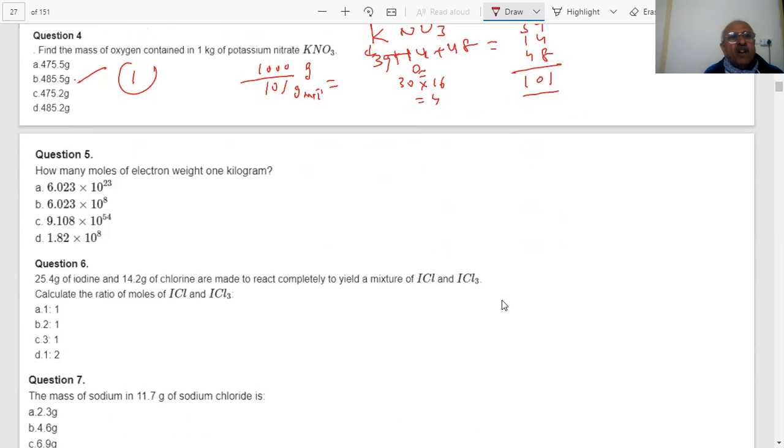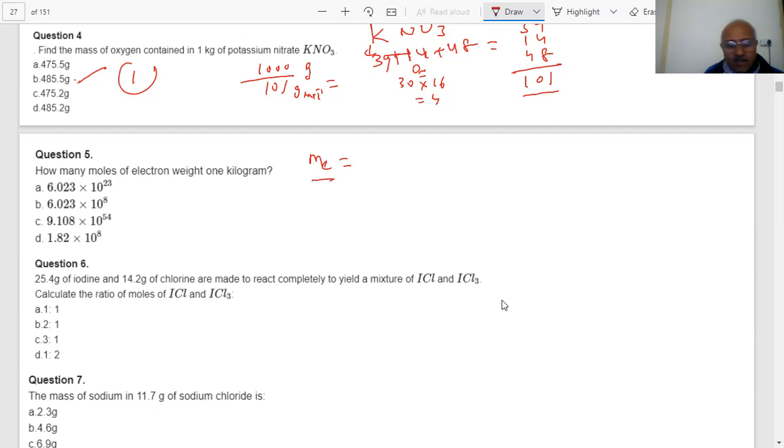How many moles of electrons weigh 1 kilogram? How many electrons weigh 1 kilogram? What is the mass of one electron, student? Sir, D part is the correct answer.